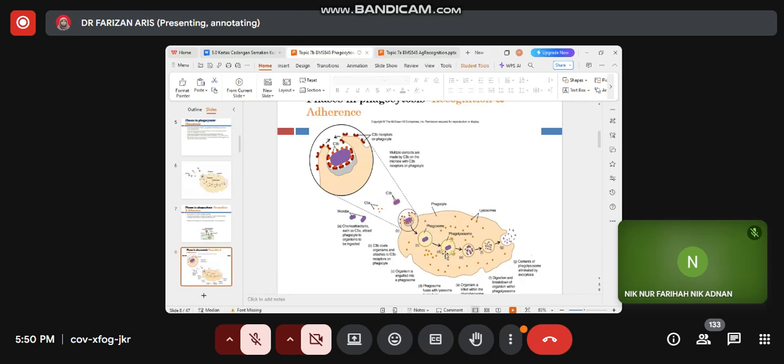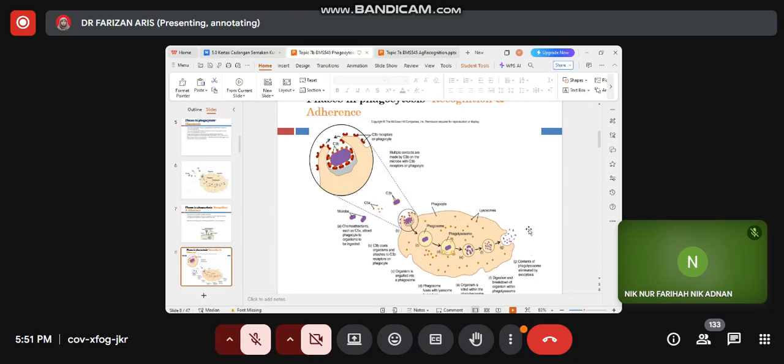So what happens? There will be a lot of antimicrobial substances that attack the bacteria and cause them to be digested into smaller fragments of protein, and lastly will be eliminated from the phagocyte through the exocytosis process. So this is basically the detailed process of phagocytosis.